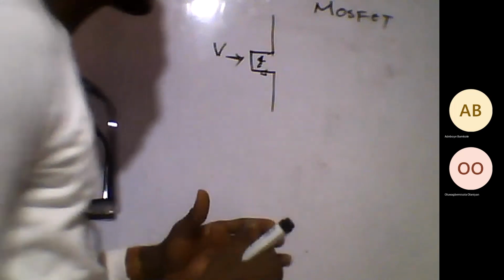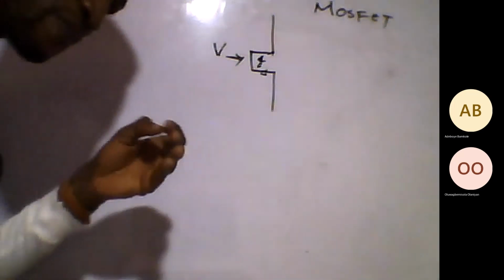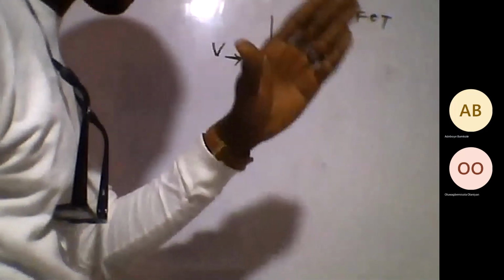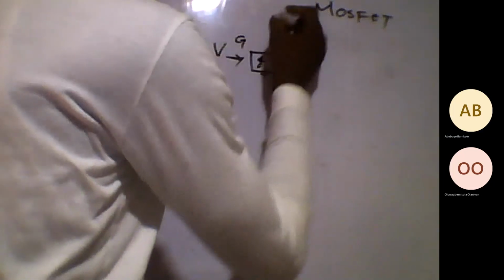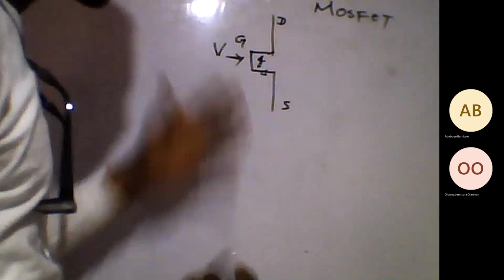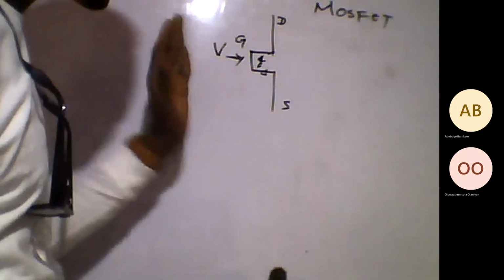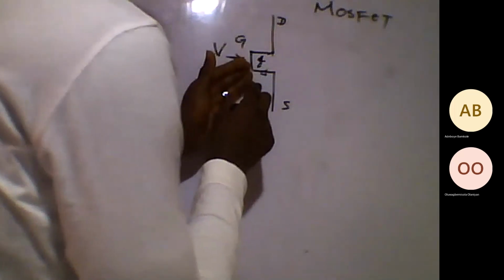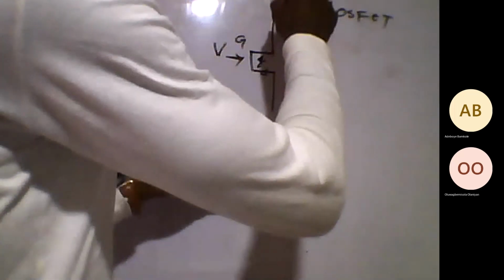Remember what I said about your BJT? When IB goes in, a larger current flows in your collector. But in this case, with the drain and source, it is not current flowing in. It is voltage. Once you apply a voltage to the gate, current flows from drain to source.